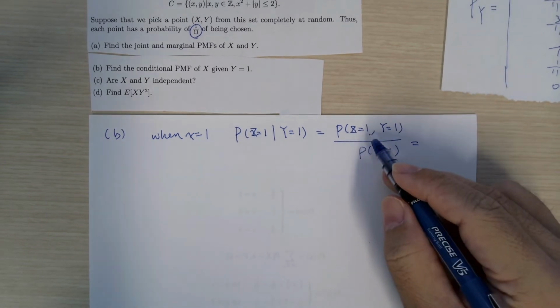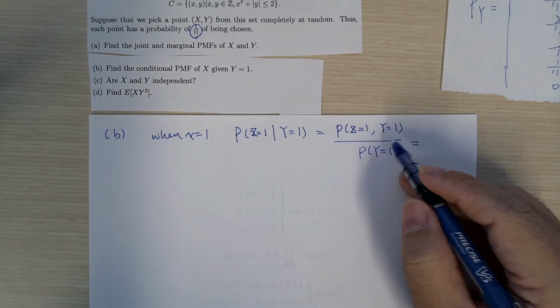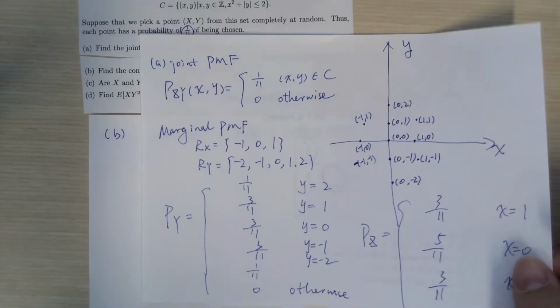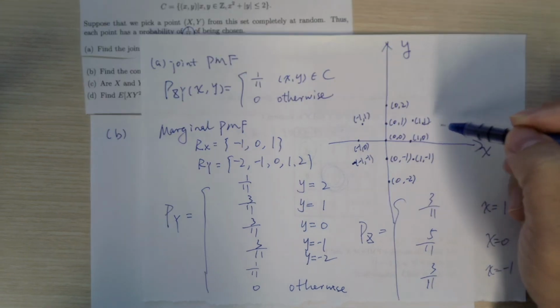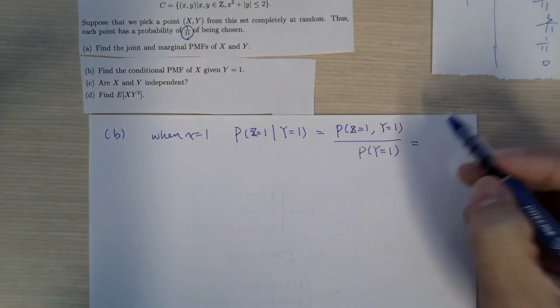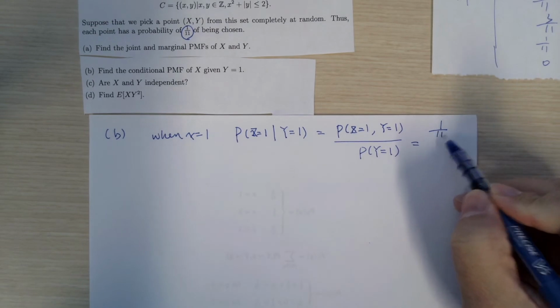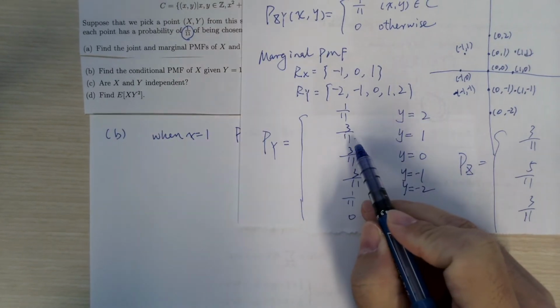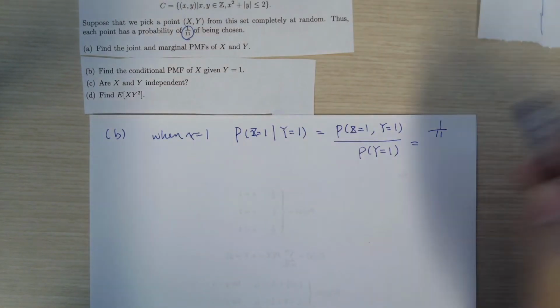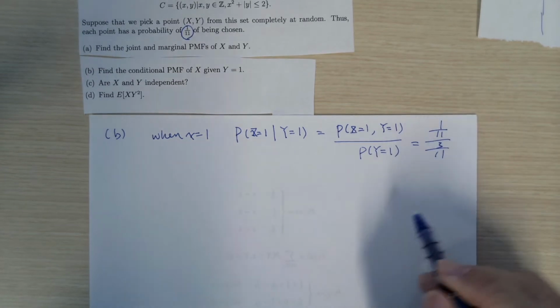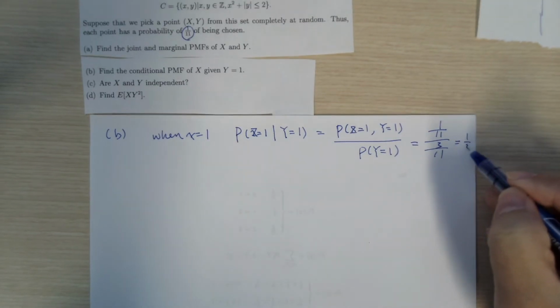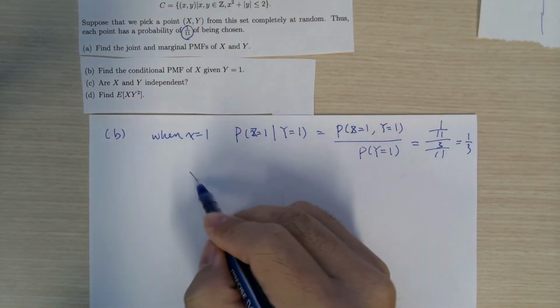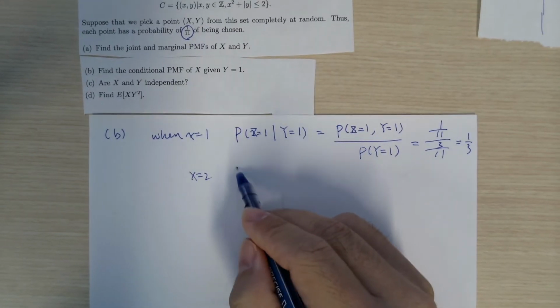So the probability that X equals 1 and Y equals 1, if we go back to here, is 1 over 11. The probability that Y equals 1, as you can see, is 3 over 11, so put together, it's 1 over 3.